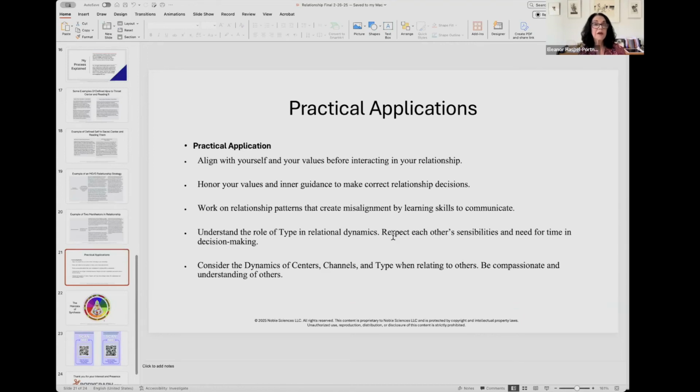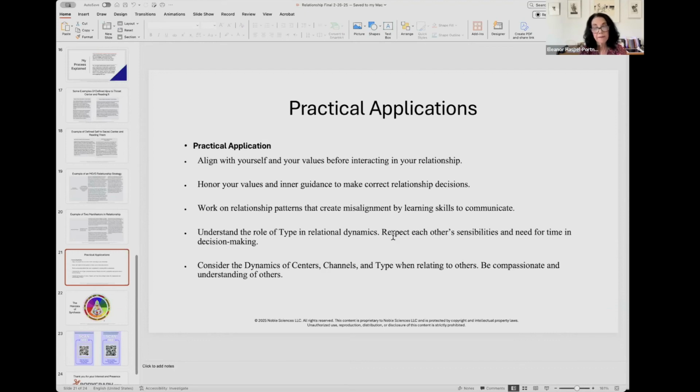And I mentioned several: mirroring, active listening, and clean communication. Those are very important because they have different practical applications. Knowing what skill to use in a relationship is key to building a good relationship.